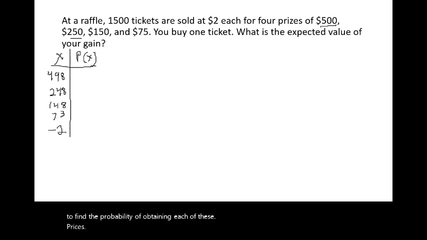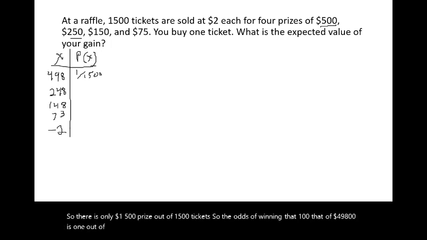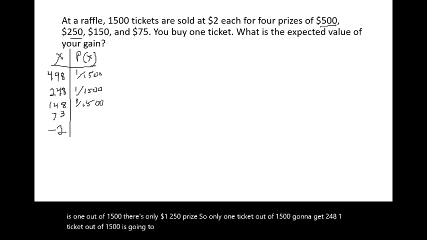So there is only one $500 prize out of 1,500 tickets. So the odds of winning that $498 is 1 out of 1,500. There's only one $250 prize, so only one ticket out of 1,500 is going to get $248. One ticket out of 1,500 is going to get $148.